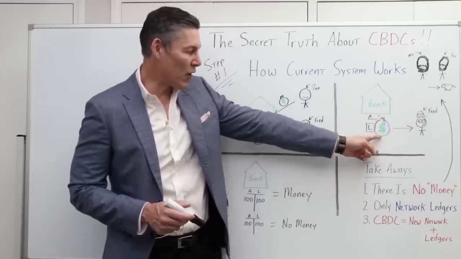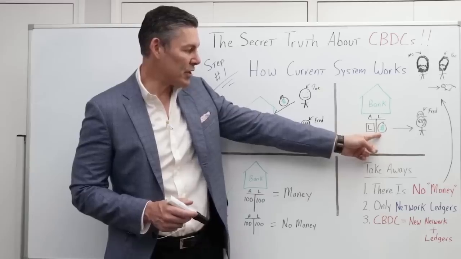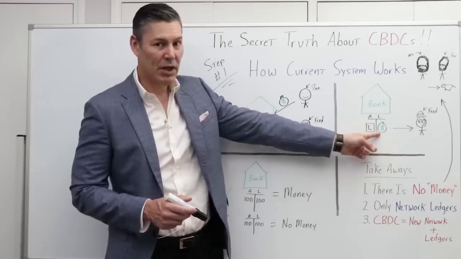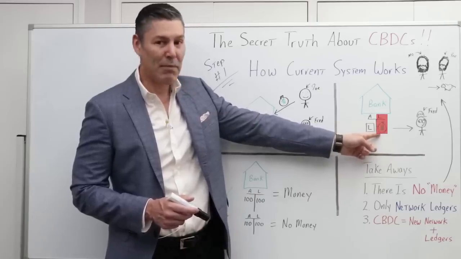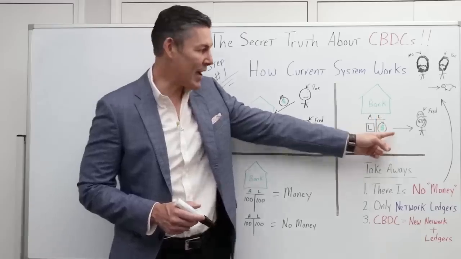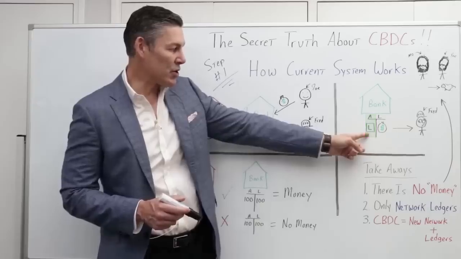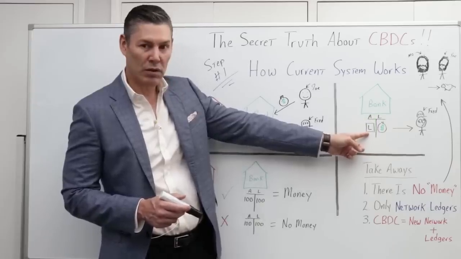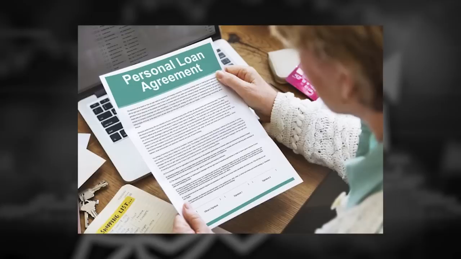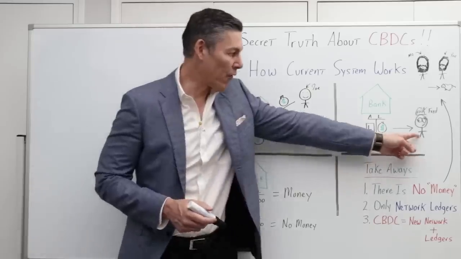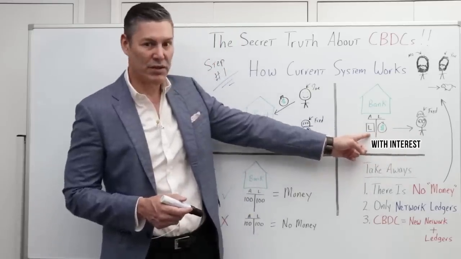They go ahead and create the money out of thin air, so then their balance sheet has the money they just created, and that's a liability of the commercial bank. That's an asset of Fred. But then on the asset side of their balance sheet, they have the loan, the contractual obligation for Fred to pay them back with interest.